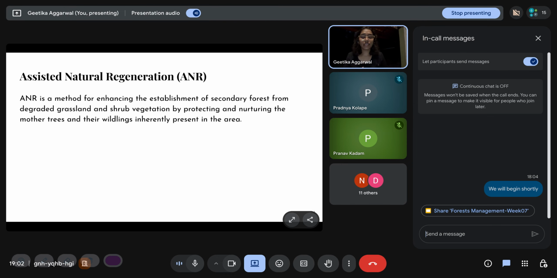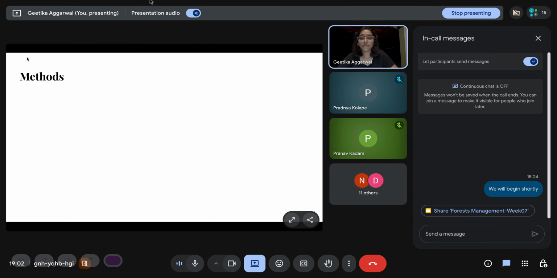They're already present in the area, but you are carrying out certain practices which help the establishment of the secondary forest. So already the primary forest was destroyed by clear felling, and maybe some mother trees were left behind. And now these mother trees, because of seed dispersal and all of that, maybe they've given rise to certain saplings. In ANR, you're just trying to help the establishment of this secondary forest from the degraded grassland and shrub vegetation, right? So that is ANR.